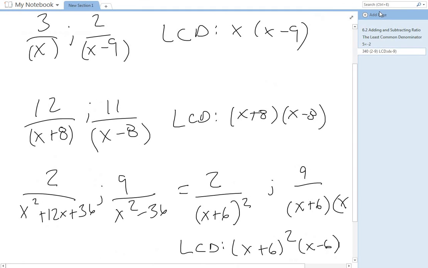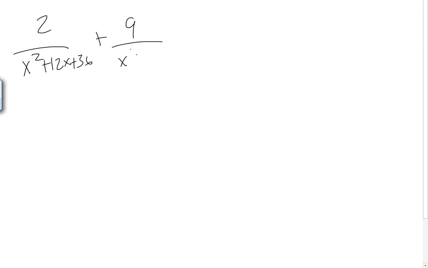All right, but what if I actually want to add, though? Let me do that one as an entire problem. Say I want to add 2 over x squared plus 12x plus 36, and I want to add that to 9 over x squared minus 36. Well, then since I've already factored the denominators, I can use that. This factors to be x plus 6 squared.